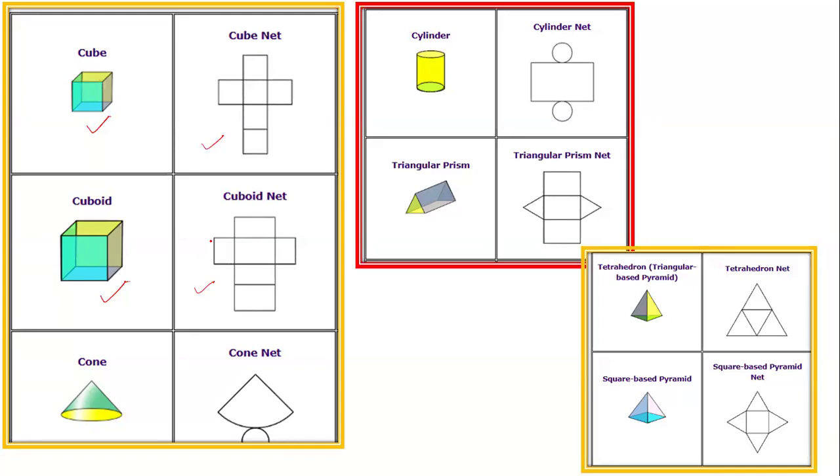That's why I had to bring to your attention the different nets that are common for the different figures we are doing, such that you know that if the net is like this, this is the kind of figure I am likely to get. These are some of the common 3D figures that we have. So look through them and then we are going to continue.